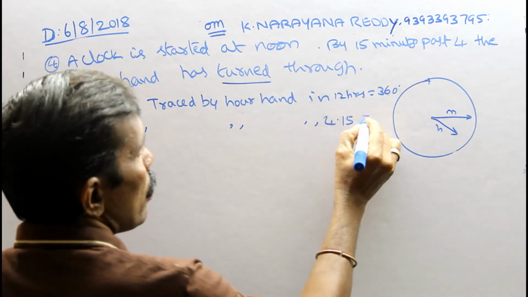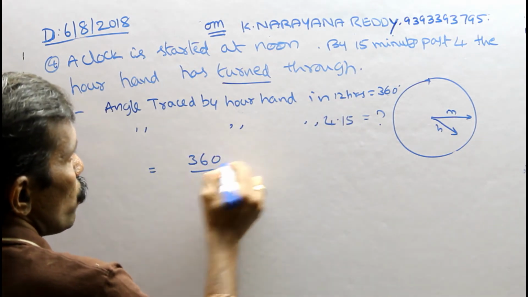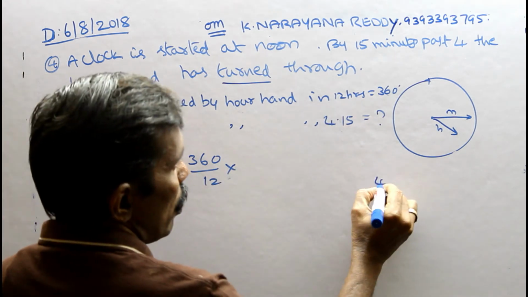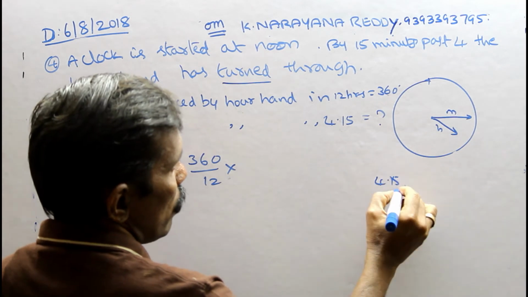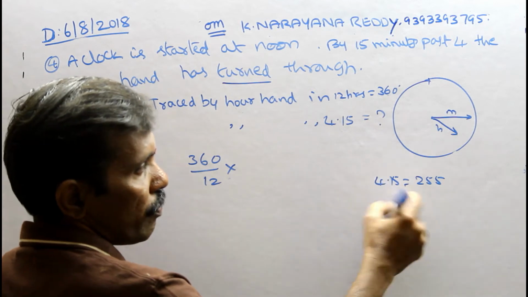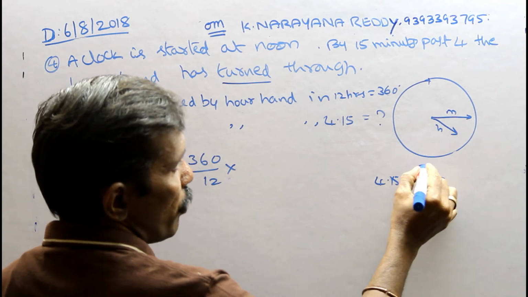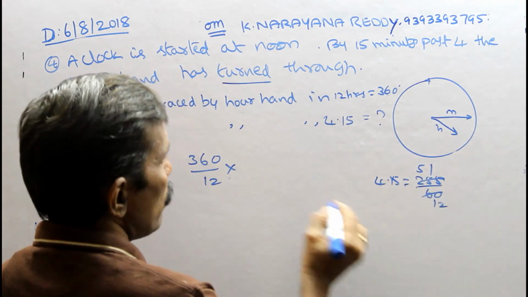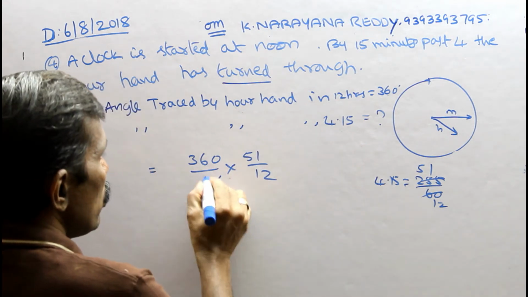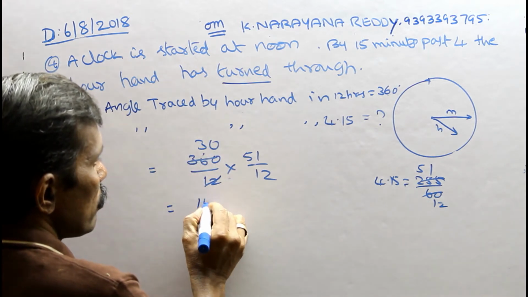Okay. What is the angle? So simple. 360 by 12 into 4:15. Already I told you, 4:15 means 255, 4 into 60 plus 15, 255 divided by 60. What do you get? 51 by 12. Okay. So 360 by 12 into 51 by 12, that is 30 into 51 by 12.